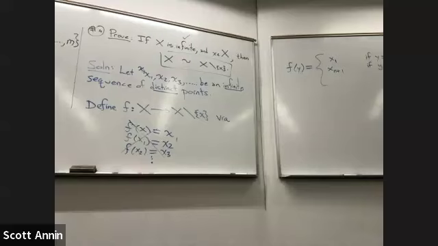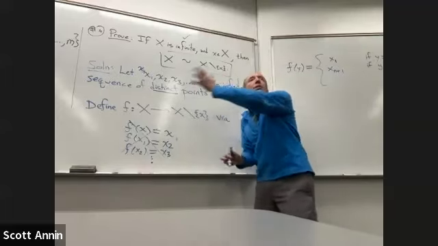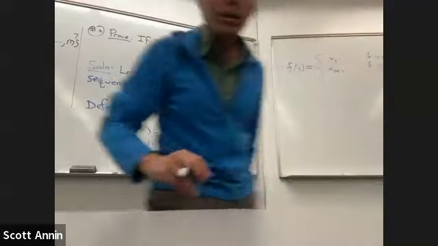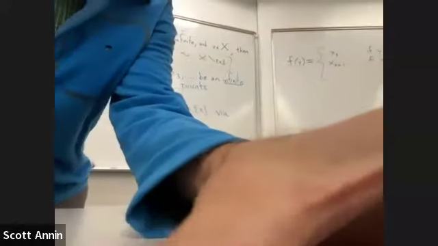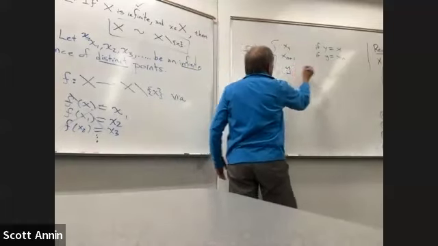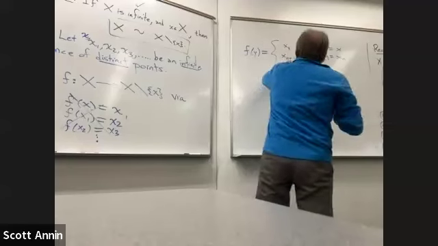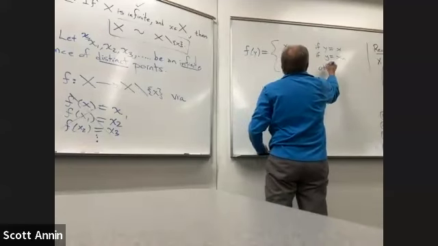And what about all of the points of capital X that are not part of this infinite sequence that we've already been talking about? In that case, we can just define these to be themselves. So, sorry, let's just say f of y equals y otherwise.